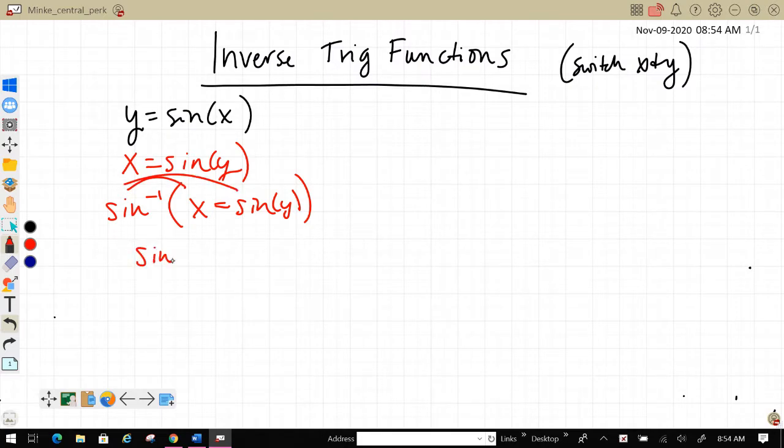So when I apply this to both sides, over here you have sine inverse of x, and the sine inverse and the sine are side by side, and guess what happens? What do you think happens when an inverse gets with its person and they're side by side like that? They just cancel out. You know what it's the same as?